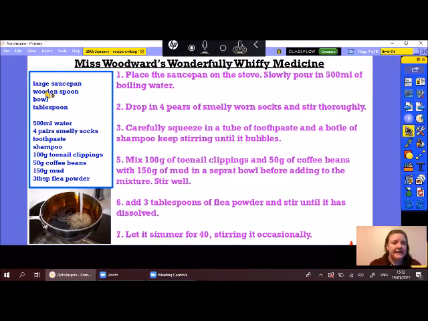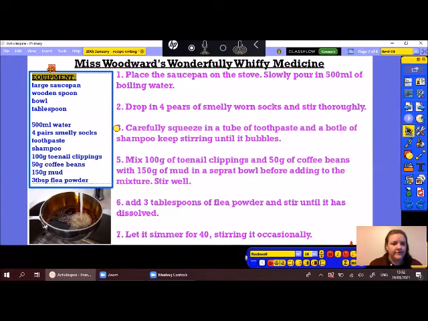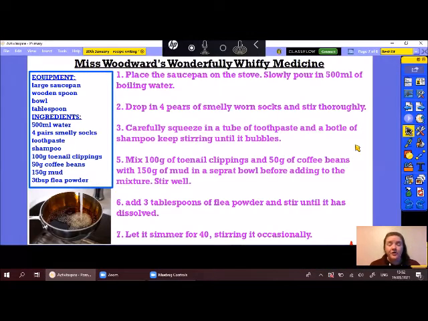So I'm going to change it slightly, and I'm going to add a heading at the top here for equipment. And underline it. And then I'm going to add a separate title there for ingredients and underline that. Make sure that yours is really clear.